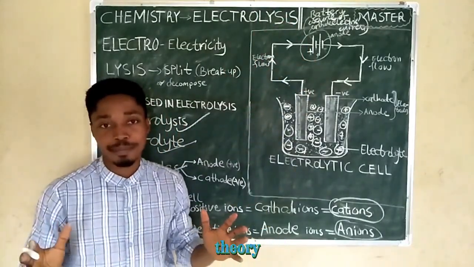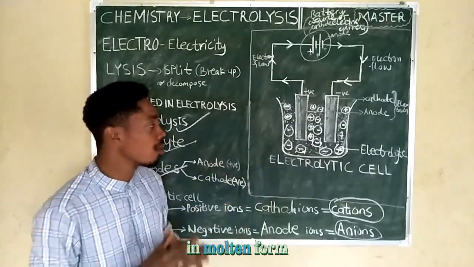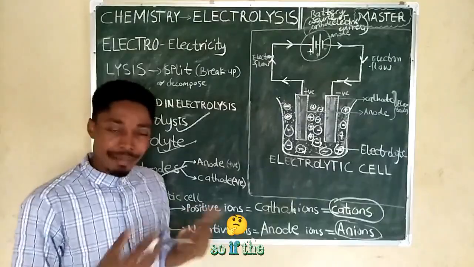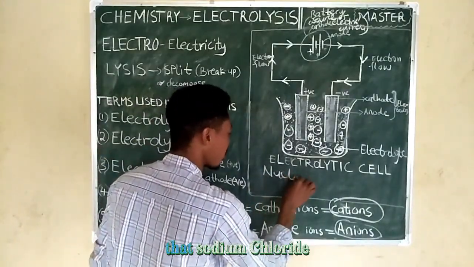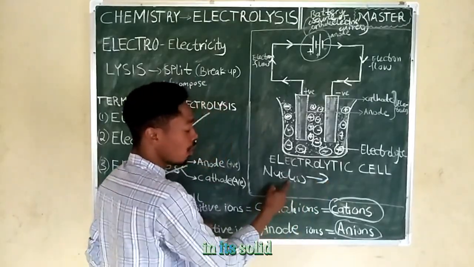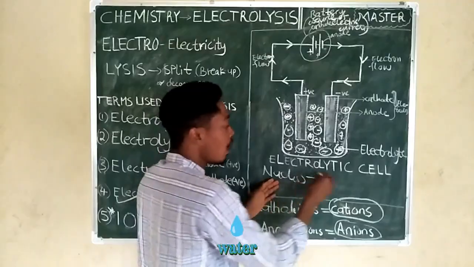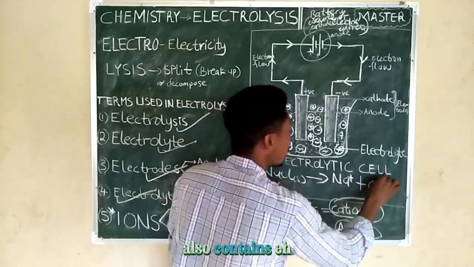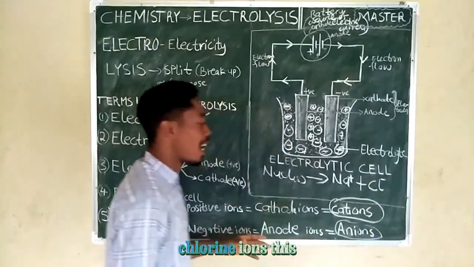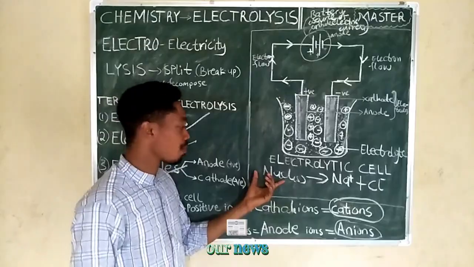This is Arrhenius' theory. So if the electrolyte is sodium chloride, for instance, sodium chloride in a solid state, when dissolved in water, contains sodium ions and also chloride ions. This is according to Arrhenius.